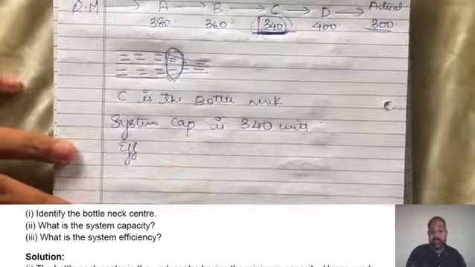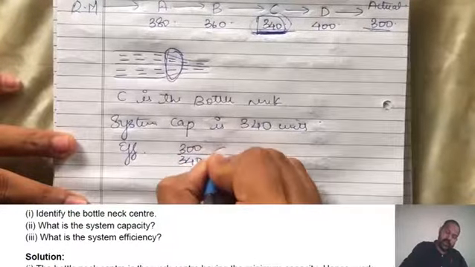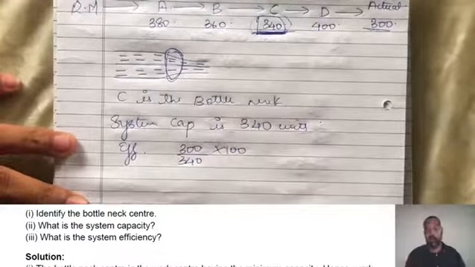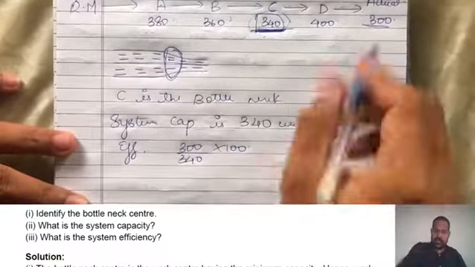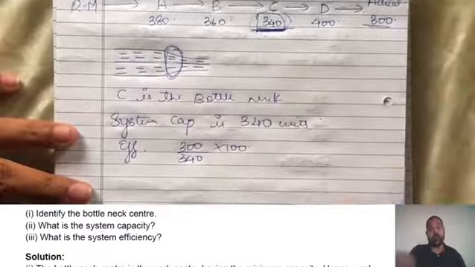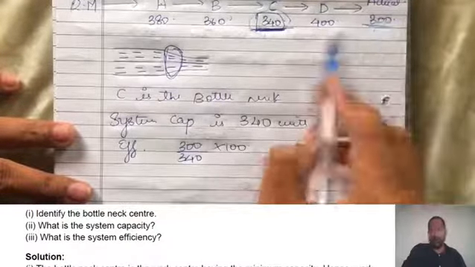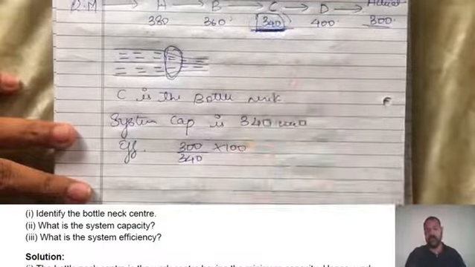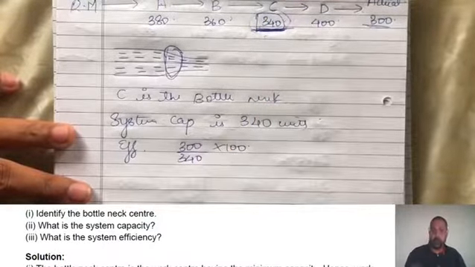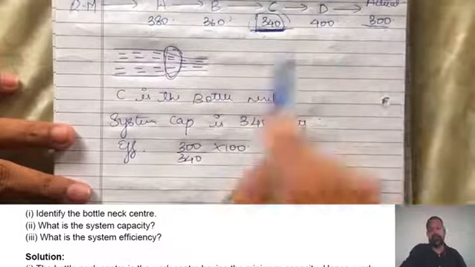Your efficiency is 300 out of 340 into 100. Why 300 on top? Because you're doing bad. Suppose this was 400, then I would say you are doing good, which means you are more efficient than 100. You are doing bad. I am expecting 340, but you are only giving me 300.